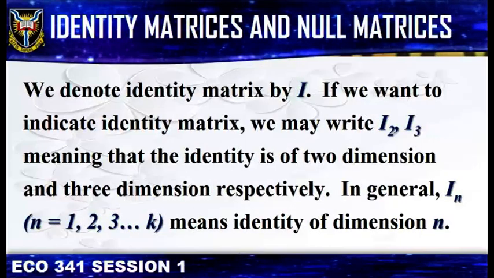We denote the identity matrix by I. If we want to indicate the dimension, we may write I2, I3, meaning that the identity is of 2 dimensions and 3 dimensions respectively. In general, In (n = 1, 2, 3, ..., k) means identity of dimension n.